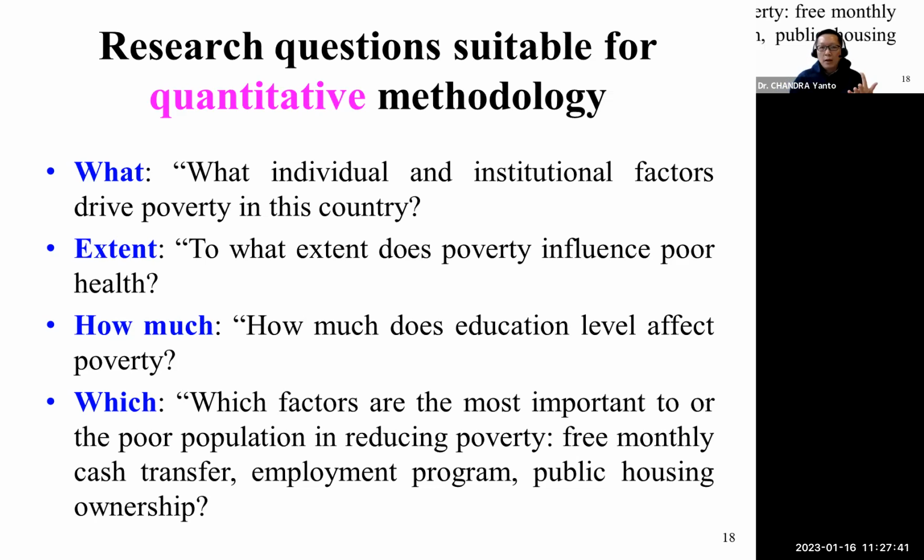Do you give them free public housing? Or what else? If you have a lot of options and you want to know which one is the best or the highest, we get to know this from a certain output from the statistics. For example, we can look at the beta coefficient from a regression analysis. That will tell you the relative importance of one variable over other variables.